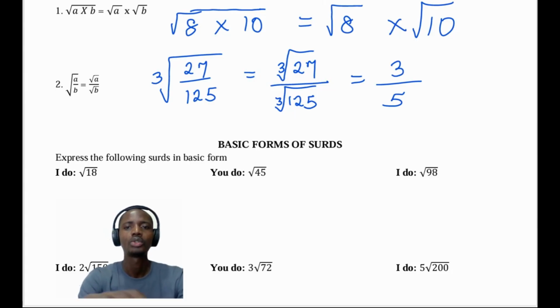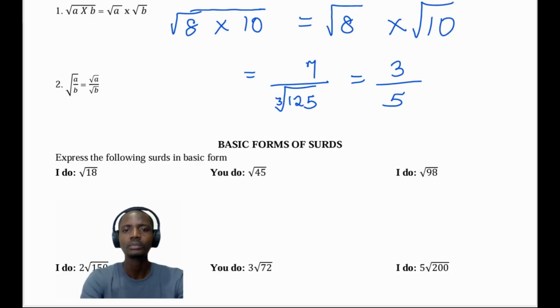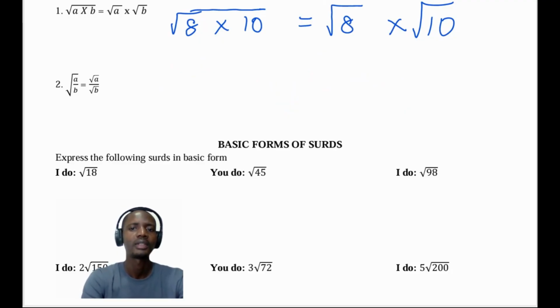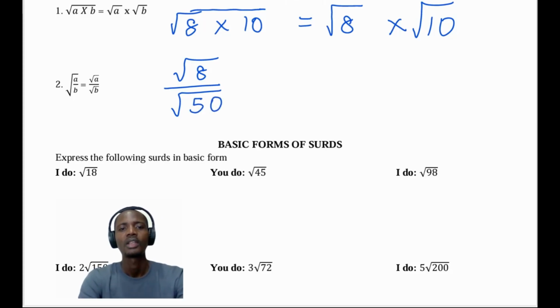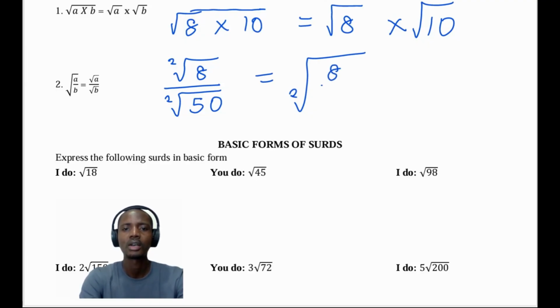Also, it is important to know that if I have it this way, let's say I have root 8 over root 50. I may decide to write it as the square root of 8 over 50.